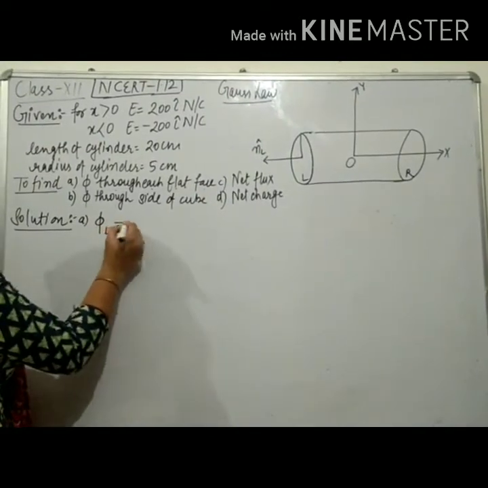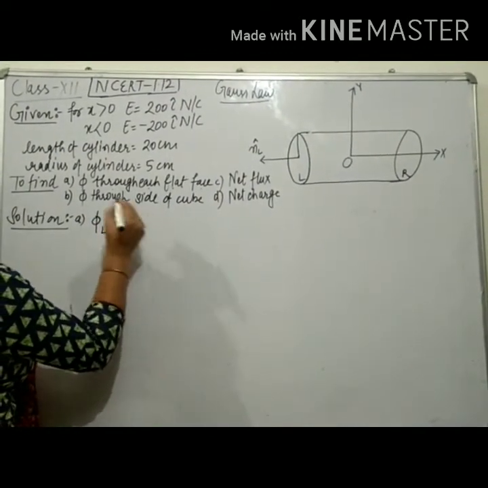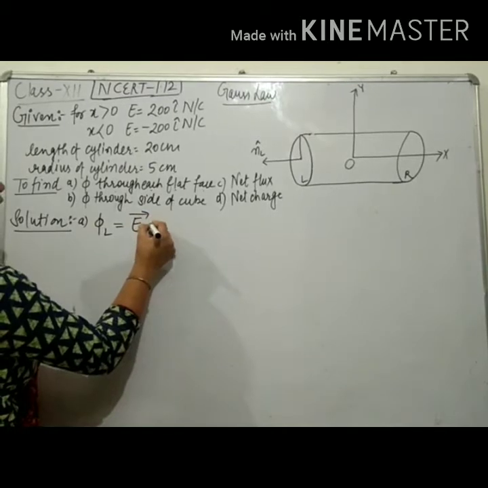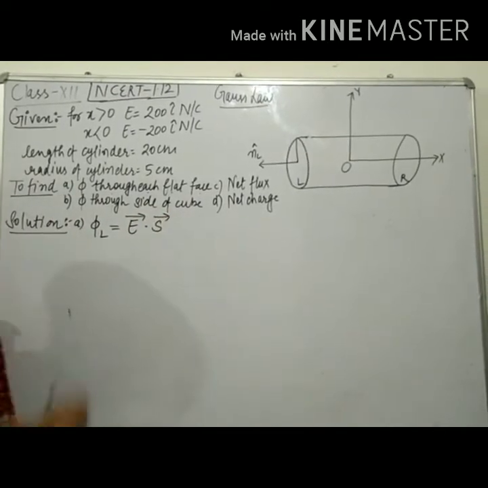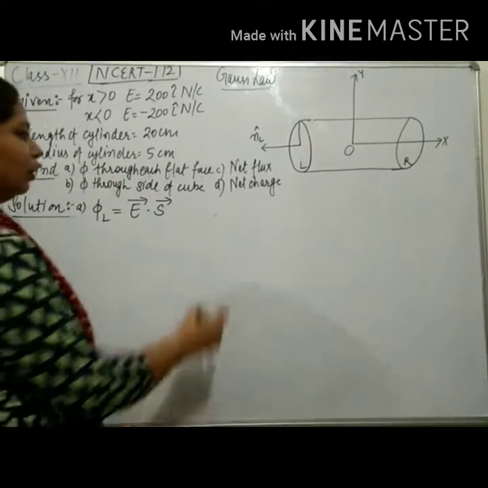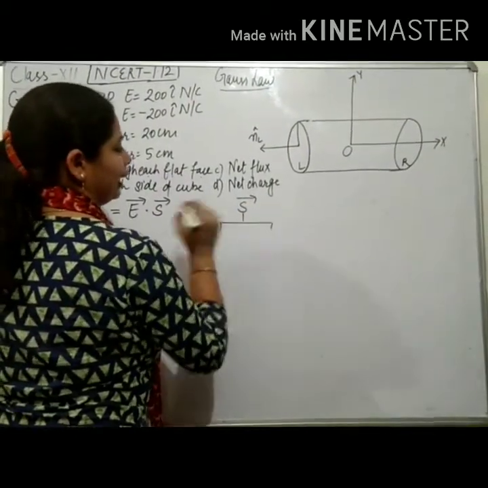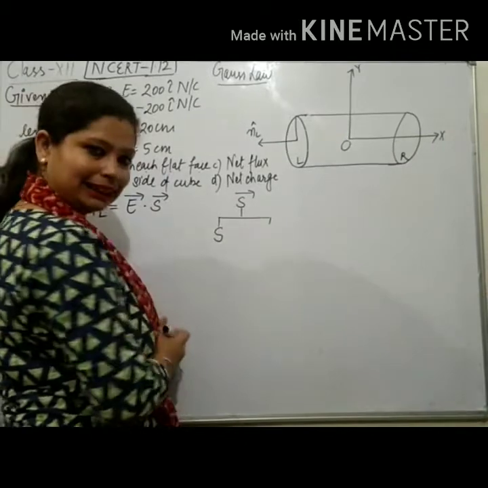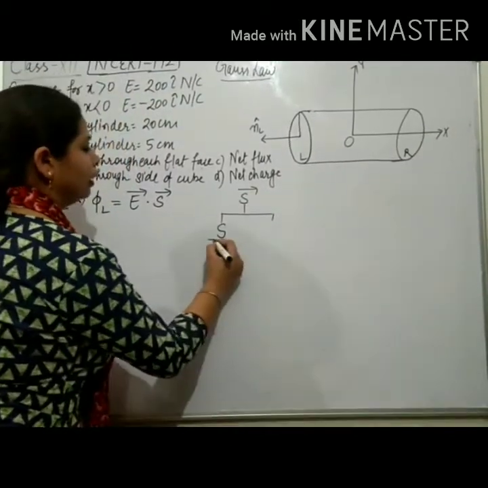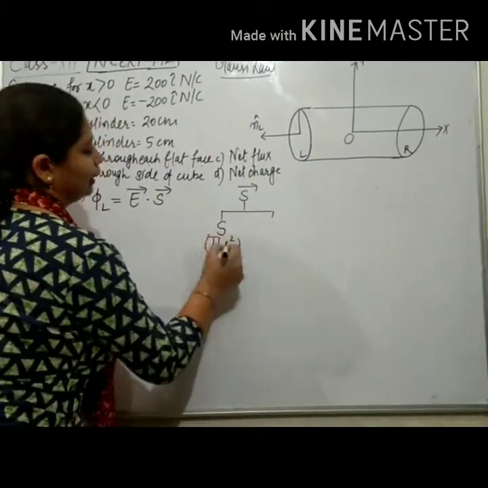And what is the formula for electric flux? Electric flux is E vector dot S vector. As we know, area is a vector quantity. It means it has both magnitude and direction. Its magnitude is S, which is numerically equal to pi r square.